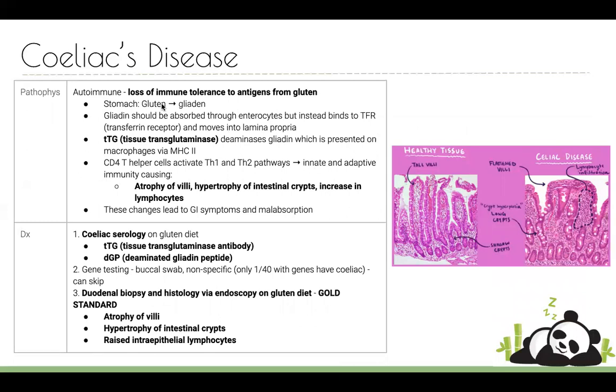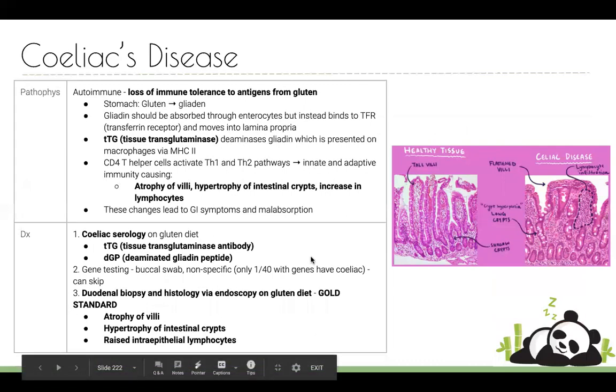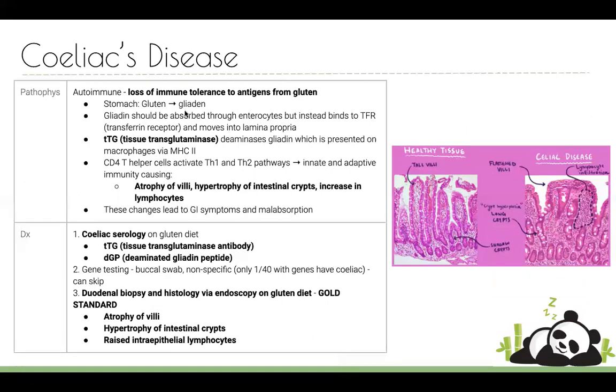And you don't have to know this entirely perfectly well, but some things help you to understand how we diagnose it. So in the stomach, gluten is converted to gliadin, and gliadin should be absorbed through your enterocytes, but essentially is bound to TFR, which is transferrin receptor, and moves into the lamina propria, which is in the mucosa of your gut. And that's where TTG, or tissue transglutaminase, deaminates gliadin.